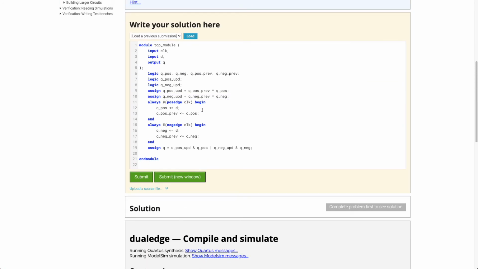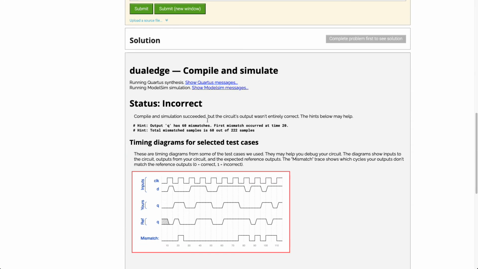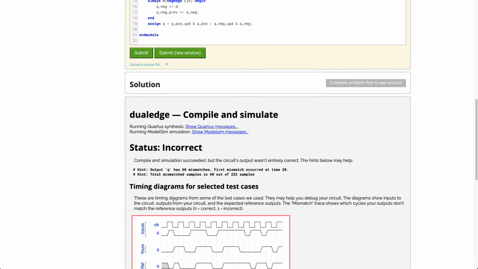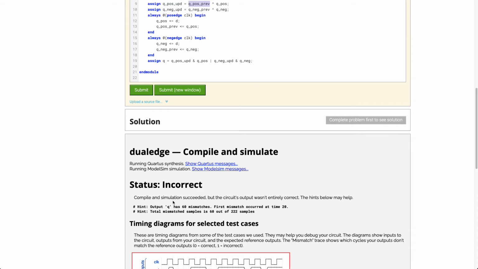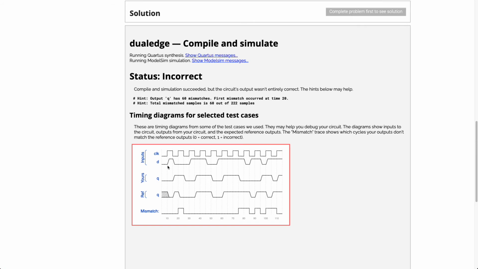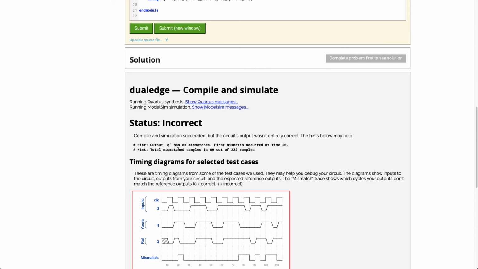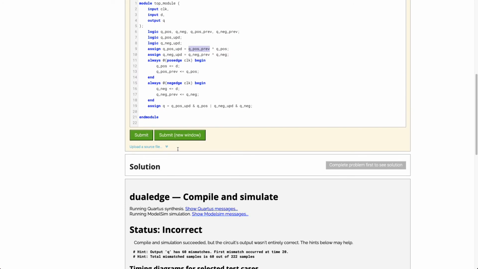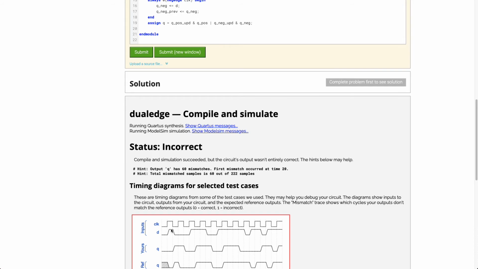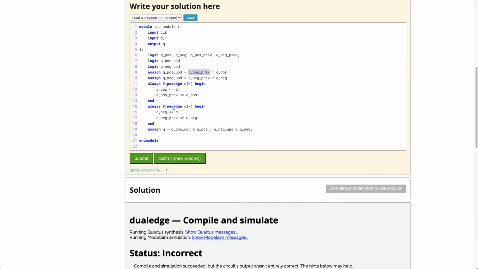Is there a way to... so Q neg is saying, I know Q pos is 1 here, and then it goes to 0 here in this neg edge.